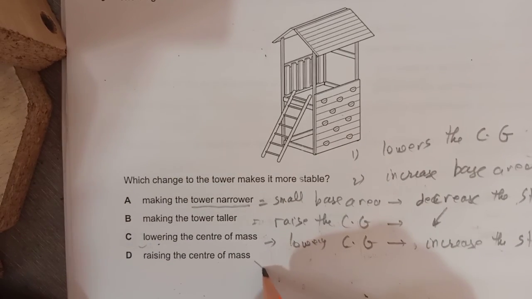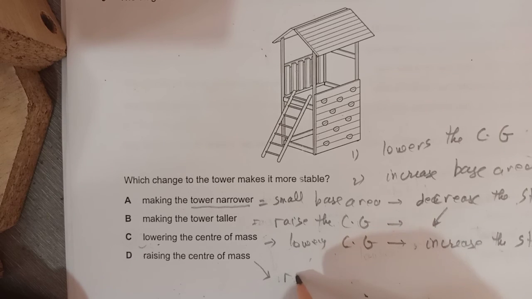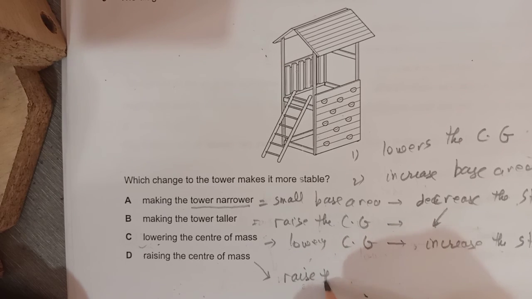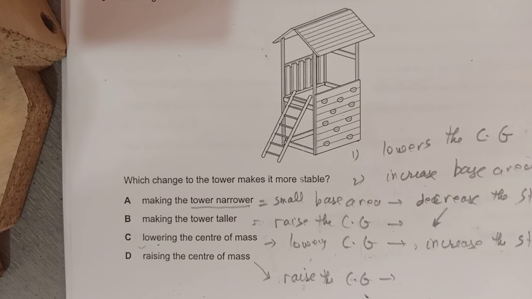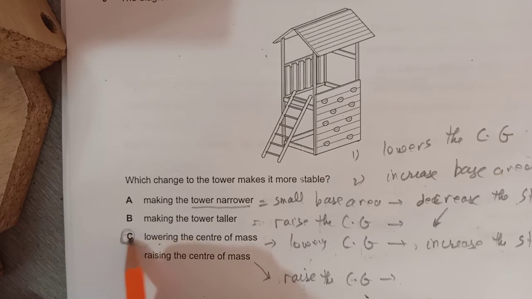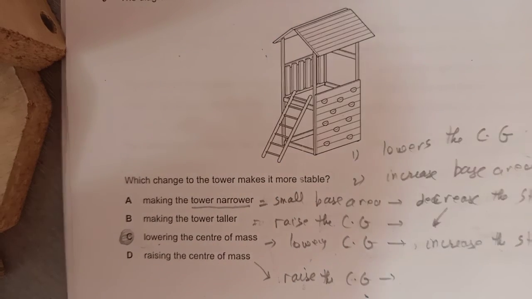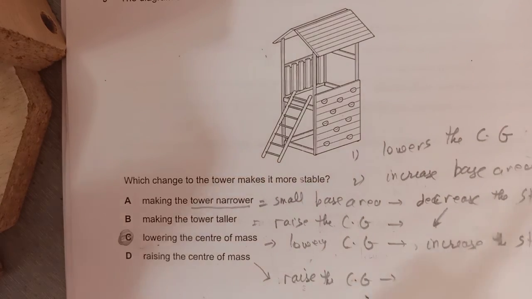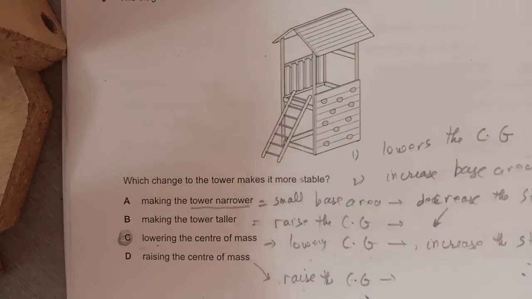Raising the center of mass means you raise the center of gravity. If you raise the center of gravity, it means you decrease the stability. So right choice is over here C. So the correct answer of question 9 is C. Now we move to the next question.